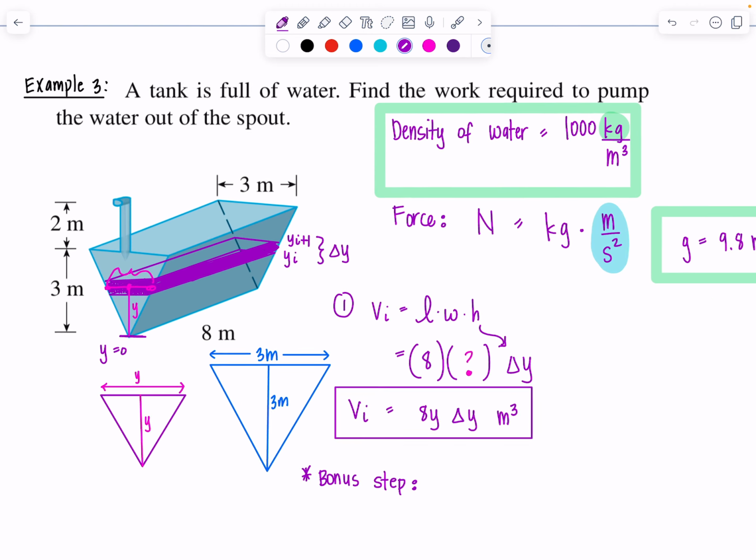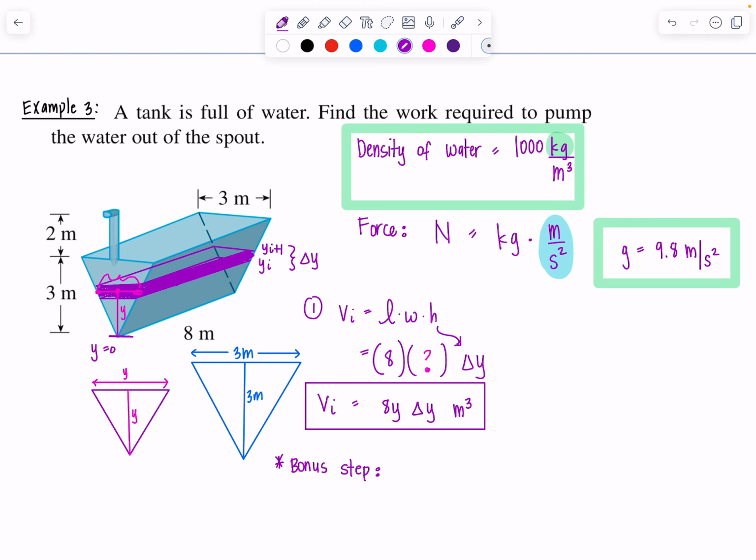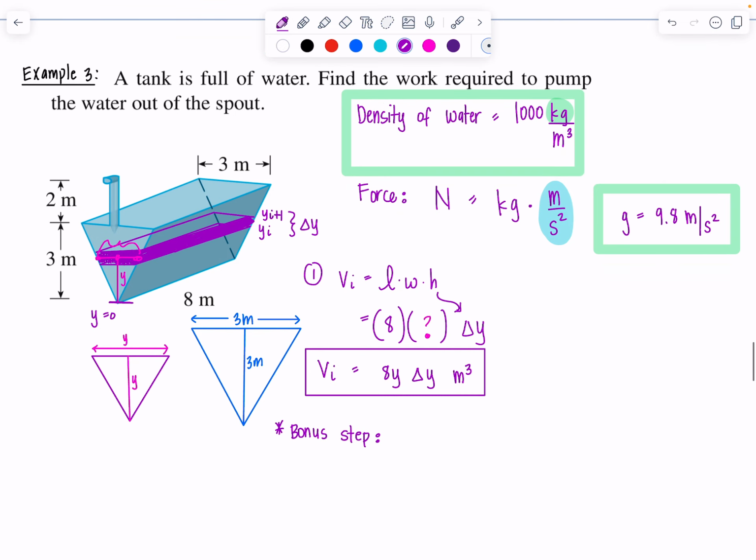Okay, so we're going to multiply by the density of water. So let's get the mass of one slice. This is the bonus step. We didn't do mass in the last problem, right? Mass of one slice is going to be 8y delta y meters cubed.